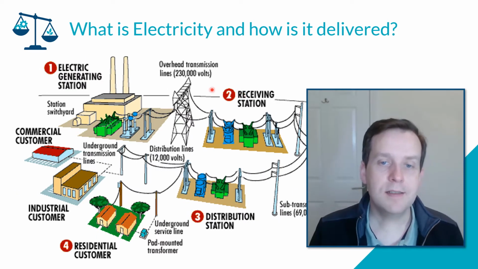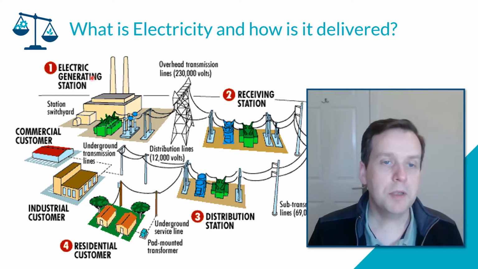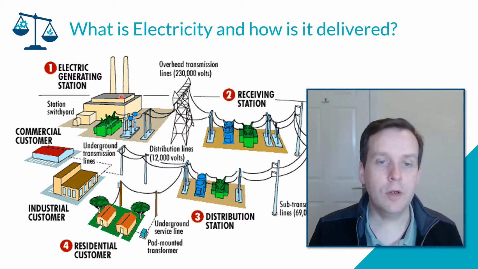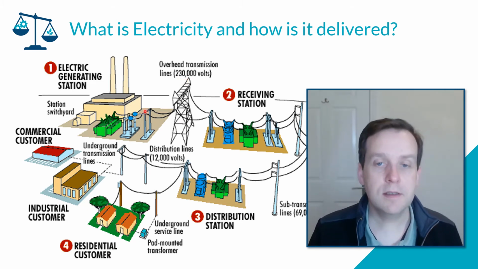So this is an example of our electricity network. Here we have our generating station, which has the rotating magnet in a coil. Then we have our transformer, overhead lines, more transformers. This transformer is moving the voltage up to 23,000 volts. The voltage here is maybe 5,000 volts.